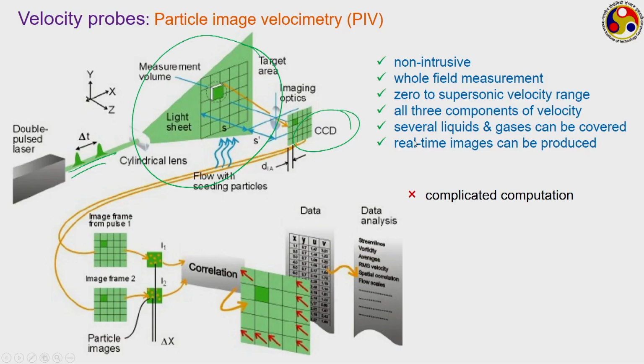Just to mention for academic purposes, PIV has a disadvantage in the form of complicated computations, but generally when someone purchases a PIV, the corresponding processing circuitry and processing software comes with it. A high power laser is required, which can be dangerous for live cells, so we have to be careful.